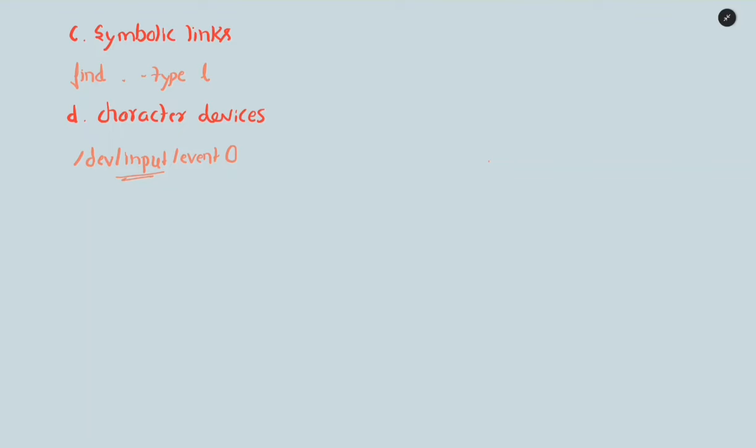I think most of you have used the terminal, right? When you are using a terminal or console, it is actually interacting with a special file called /dev/tty. This is a special character device file that represents your terminal device, the place where you type commands and see output.